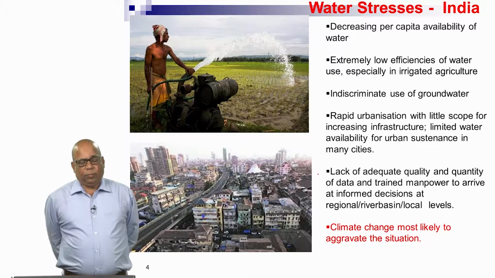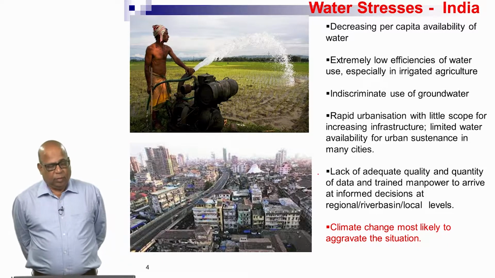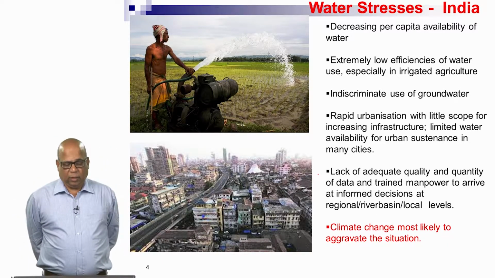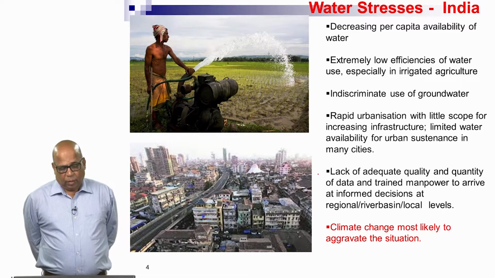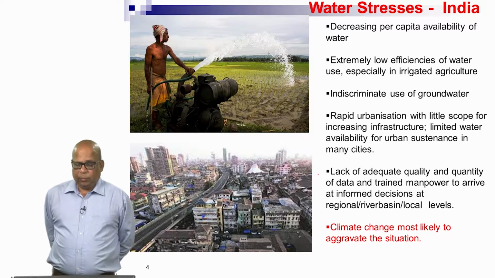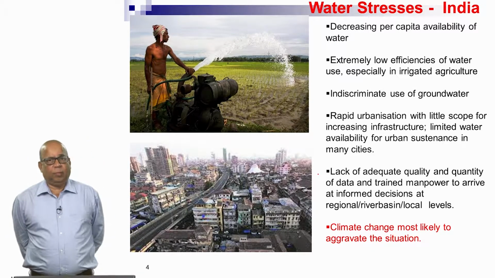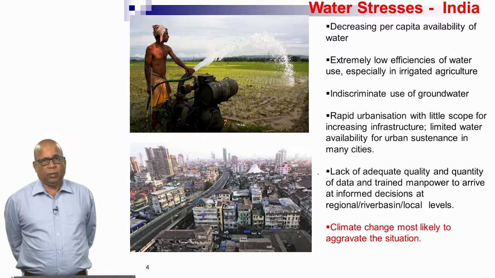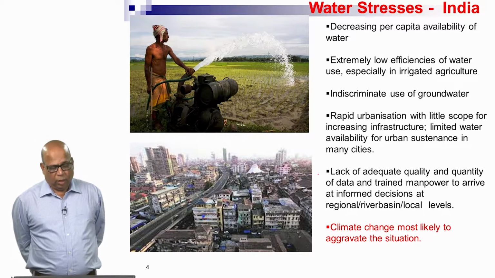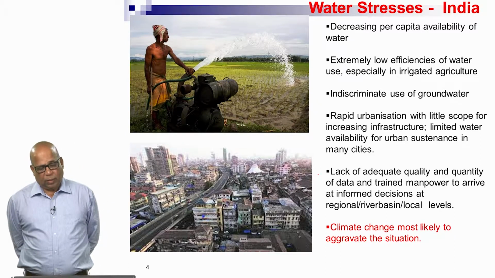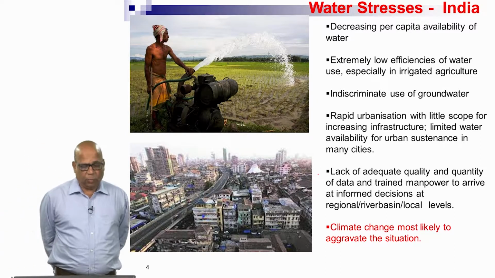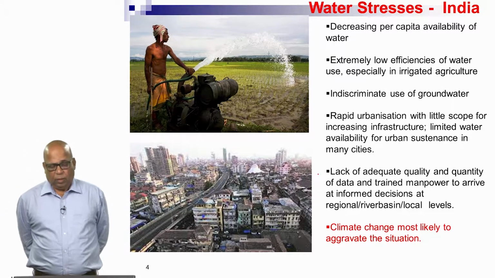So, as all of you are aware, we are already a stressed country as far as water is concerned. The first level of stress comes from a decreasing per capita availability of water. As the population grows and as our demands are increasing, the per capita availability of water is coming down because we have a limited resource.